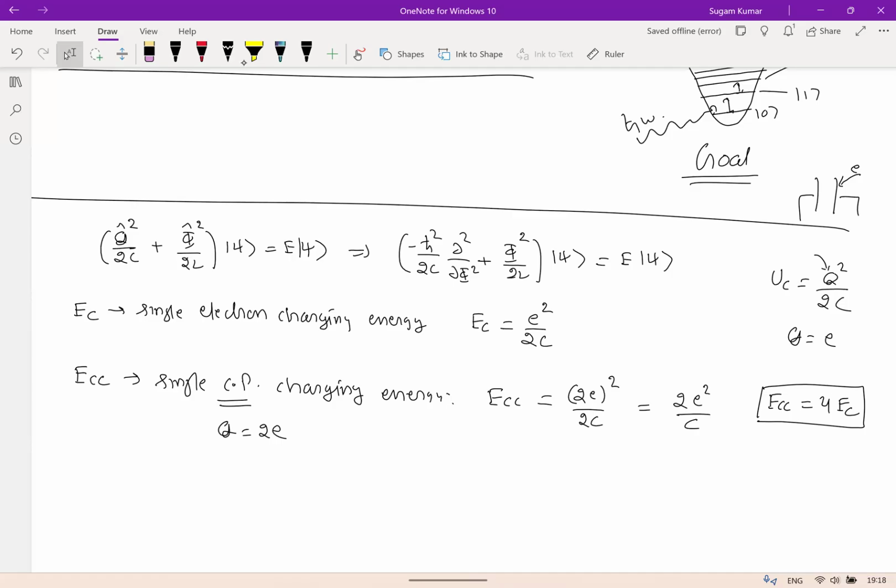Now, another term, let us say small n, that is the number of Cooper pairs on the capacitor. I want to write everything now in the n form. So you can see that this Q will become n times 2E, and from there, n is going to become Q by 2E.